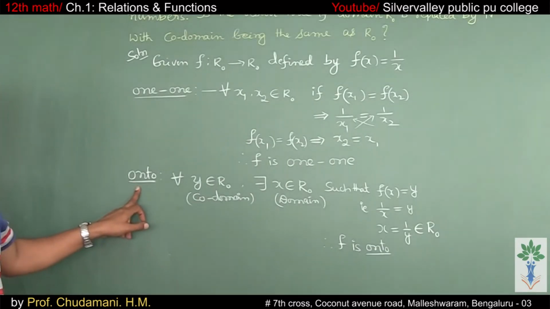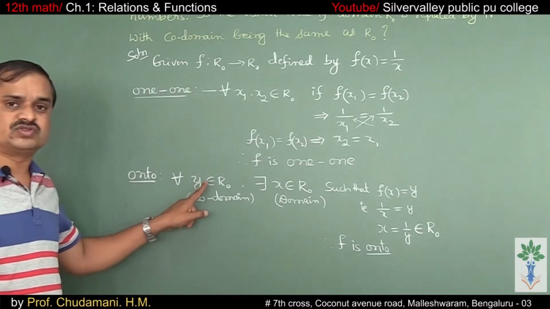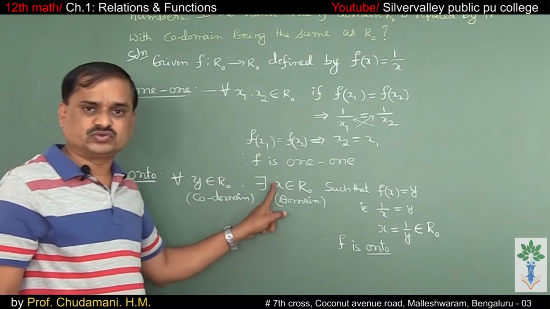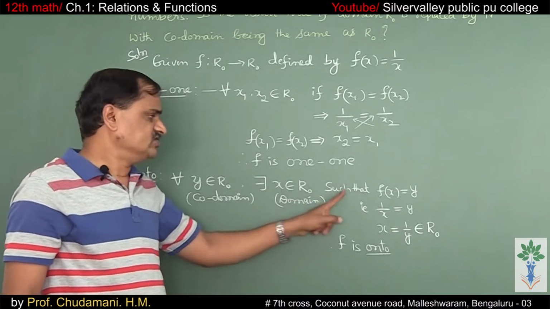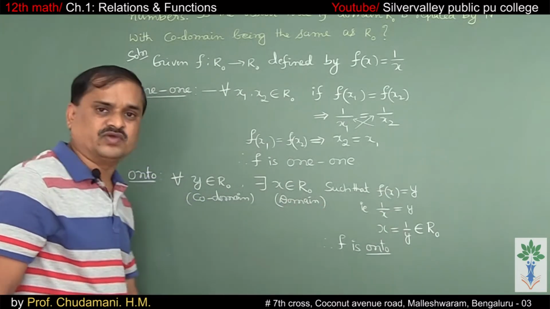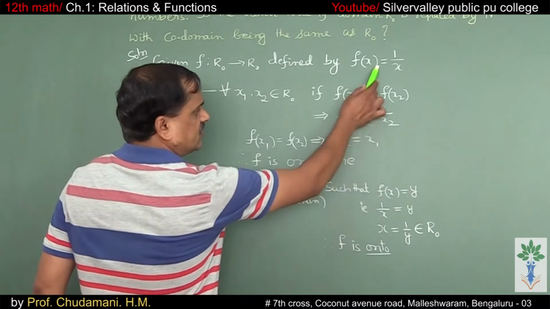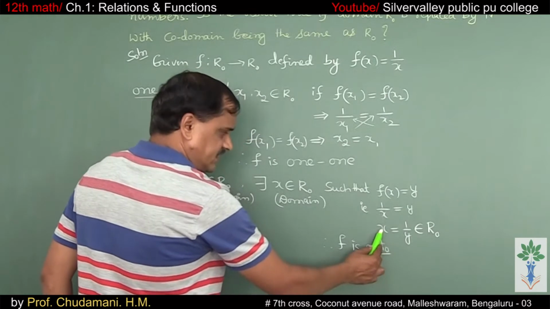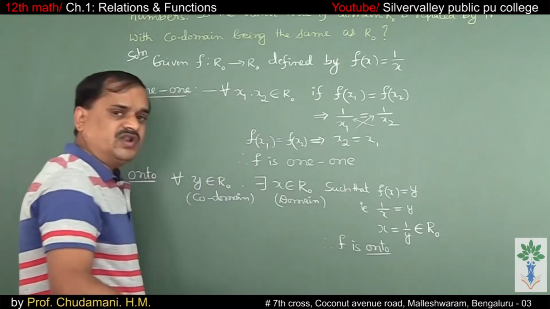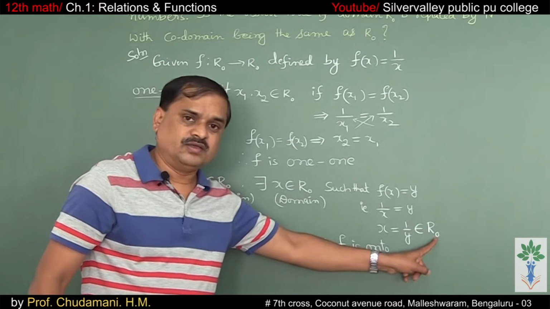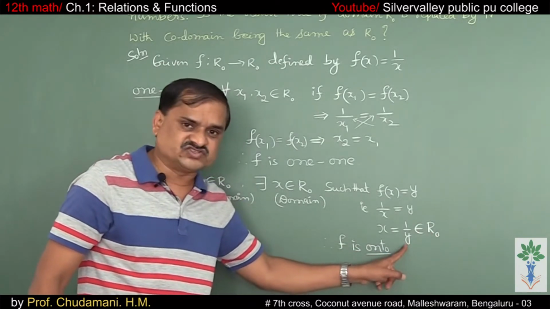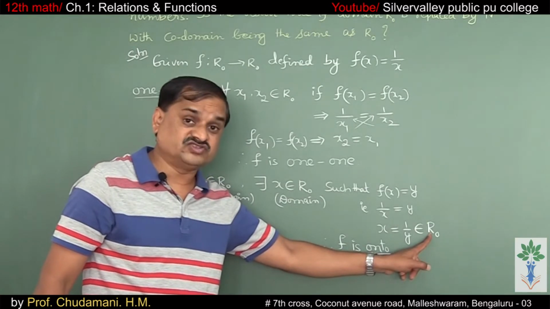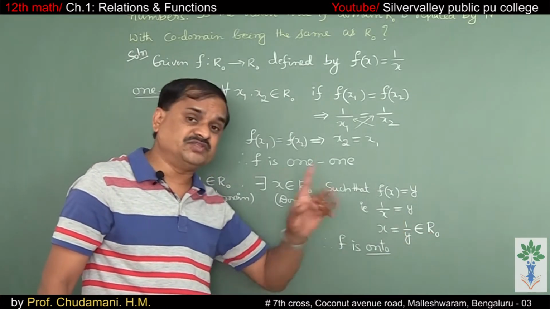Let us verify onto. For all y belongs to the codomain R0, there exists an x belongs to the domain R0 again, such that f of x is equal to y. f of x is what? 1 by x is equal to y. You just interchange these two. x is equal to 1 by y. 1 by y belongs to R0, because you cannot take y as 0. y does not belong to the set R0, non-zero real numbers. 1 by 0 means not defined.